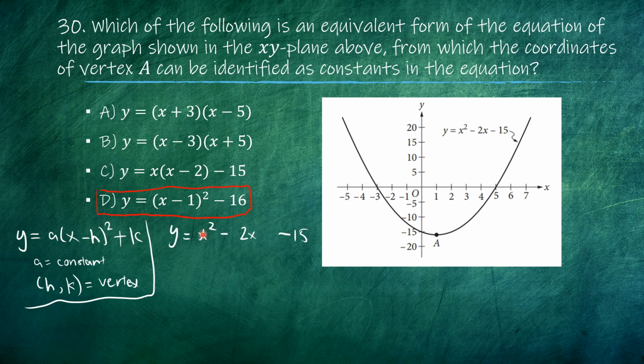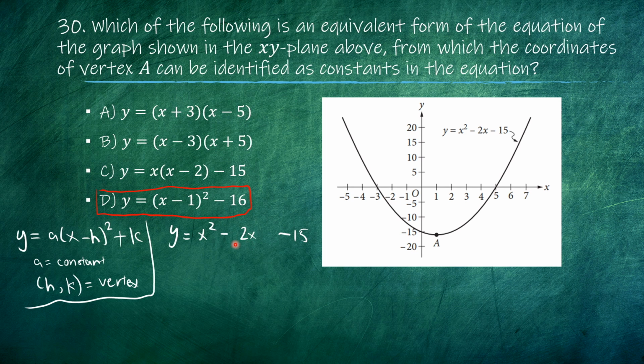The first step when completing the square is to divide each term by the coefficient in front of the x squared. However, in this case, the coefficient of x squared is 1, so we divide everything by 1, which is no need.